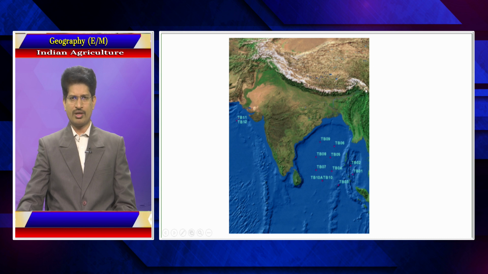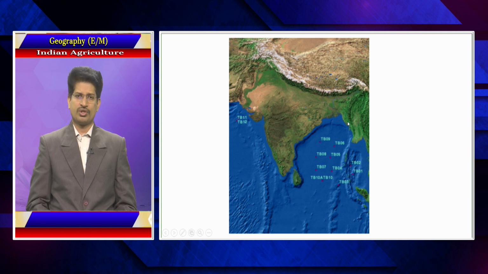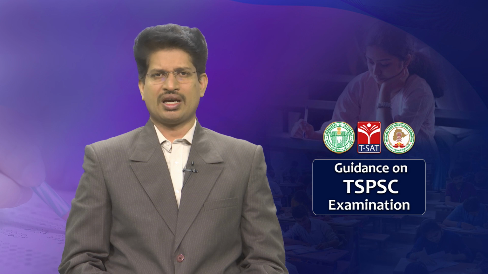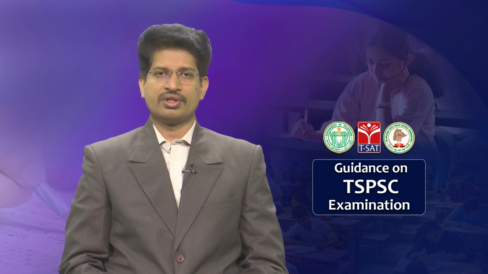This hairpin bend of the Himalayan range traps the monsoons. The Arabian Sea branch of the monsoon and the Bay of Bengal branch of the monsoon are trapped here, leading to saturation. And this is a region in the world which, because of this bend, receives the maximum amount of rainfall in the world.